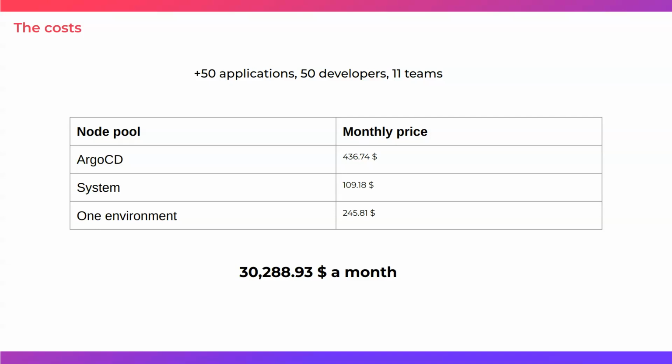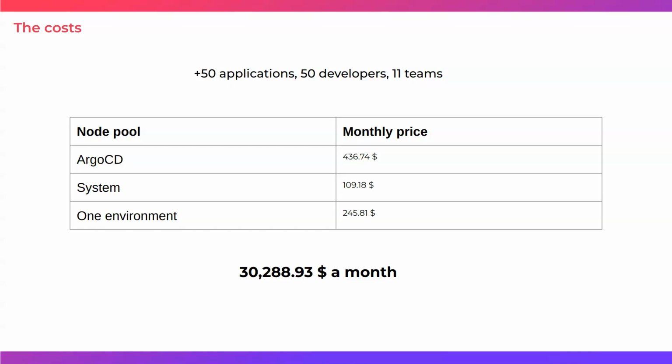So we had a lot of pods deployed to make sure Argo CD was working. The system node pool cost around $100 a month. And one environment would cost $250 a month. So, as I said, one environment represents more than 50 web applications.